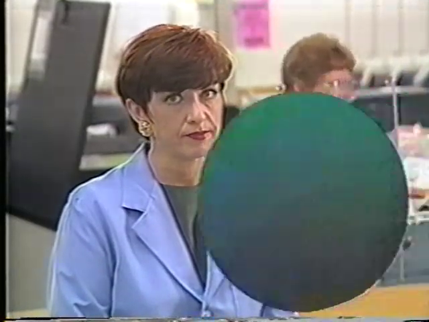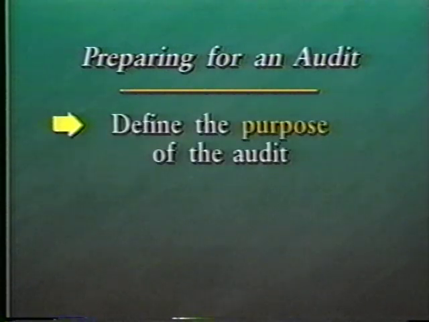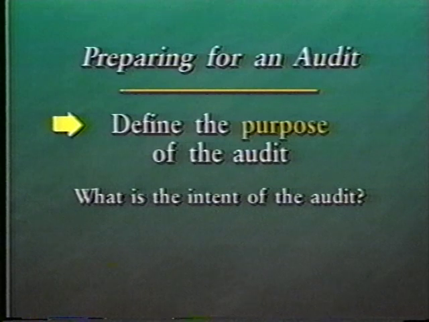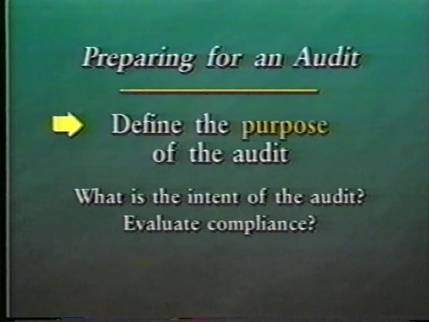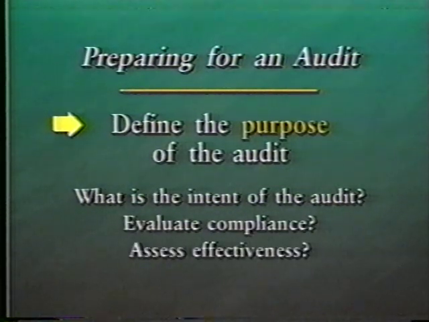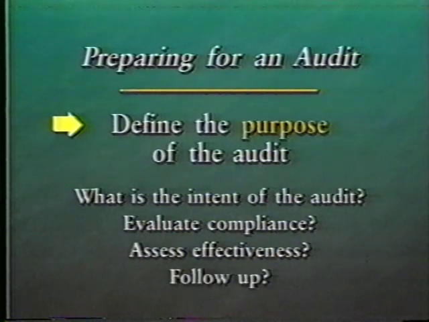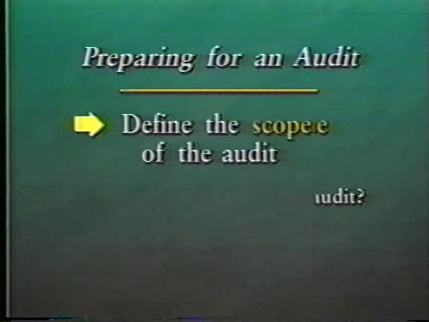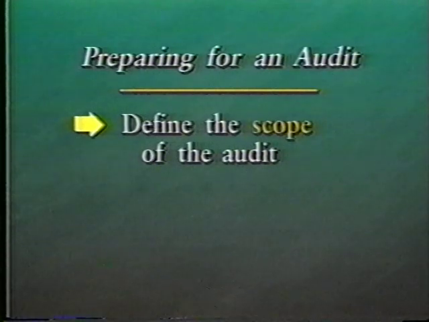As with anything else, successful auditing starts with adequate preparation. In preparing for audits, one should define the purpose of the audit. Is the audit intended to evaluate compliance with a standard, assess effectiveness of a new process, follow up on corrective actions? Define the scope of the audit.